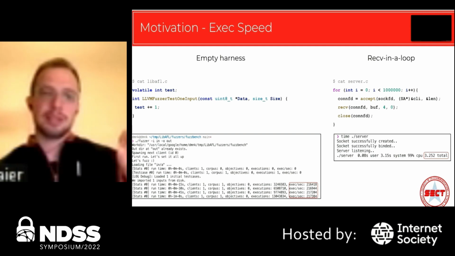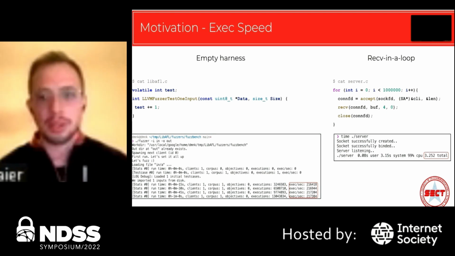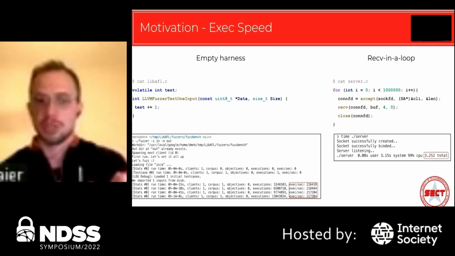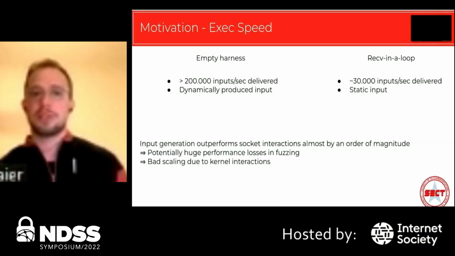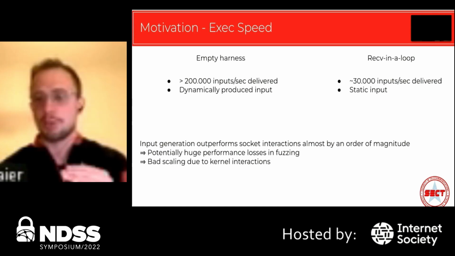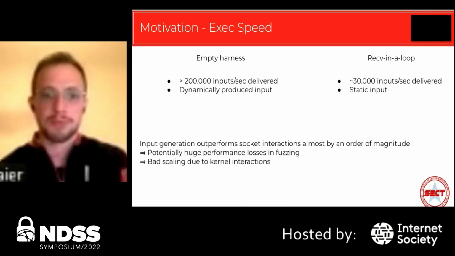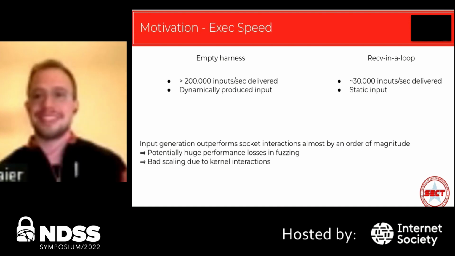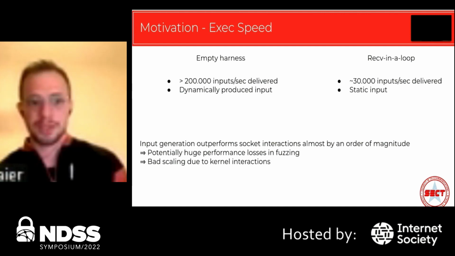And you can see that LibAFL is able to crank out 200,000 inputs per second on this machine. So on the one side, you have 200,000 inputs per second. On the other side, you have a maximum of 30,000 inputs per second that can actually get delivered to the target via TCP. You can see that this is definitely a bottleneck in our whole fuzzing environment.